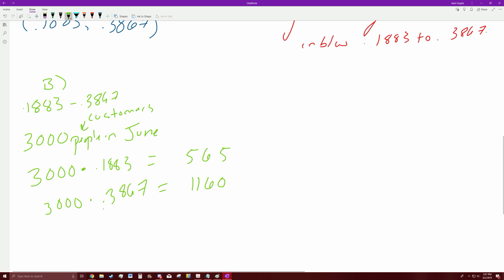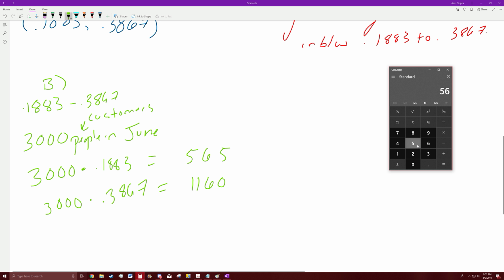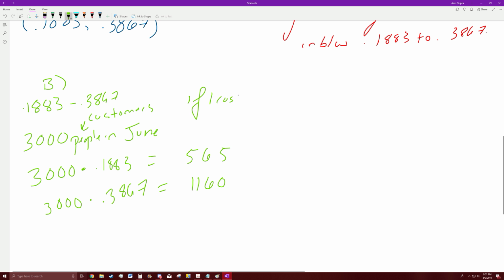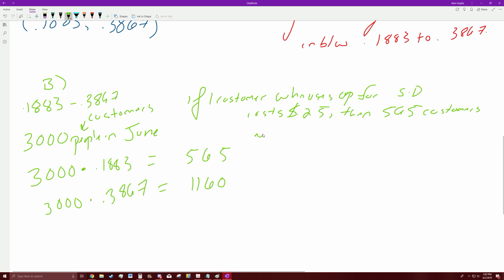Let me grab a calculator. Actually, let's open up my calculator app. If we can say that one customer who uses a cup for a soft drink costs $0.25, then 565 customers will cost X, and 1,160 customers will cost Y. So, using a calculator, we can do this.